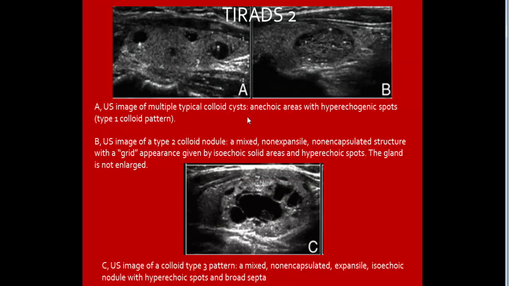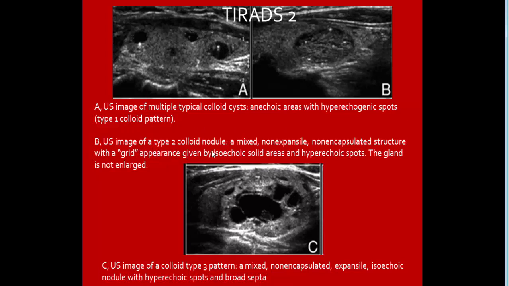These are examples of Horvath's TI-RADS 2, which is benign. TI-RADS 2 is either colloid type 1, 2, or 3. This is a typical multiple colloid cyst with anechoic areas and hyperechogenic spots, type 1 colloid pattern.